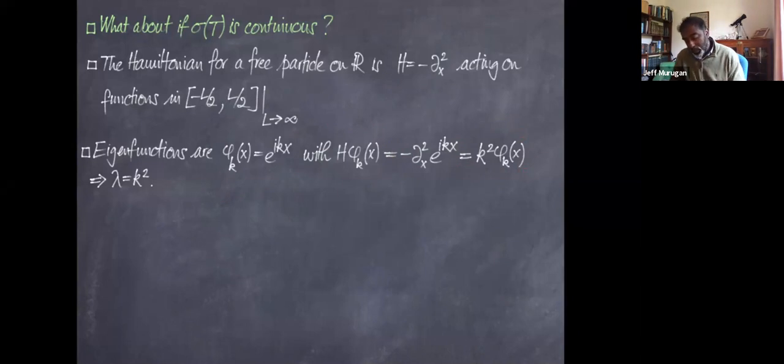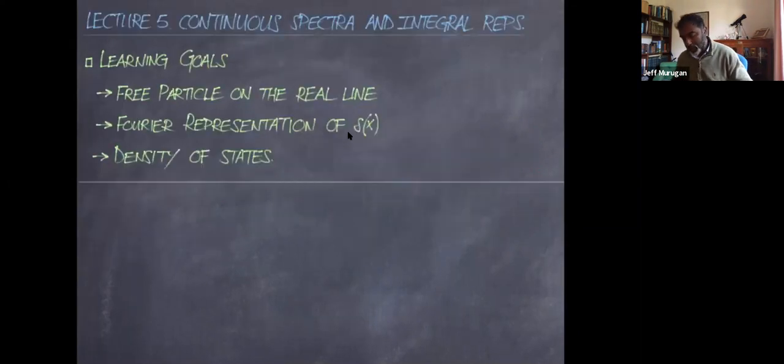In other words, we identify here the eigenvalues of the system with k squared, and this is why we call it a continuous spectrum. It's precisely because the k values are a continuum of values, unlike in the case where the spectrum was discrete.